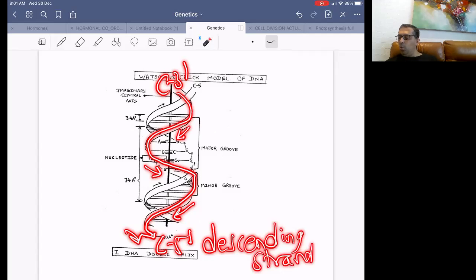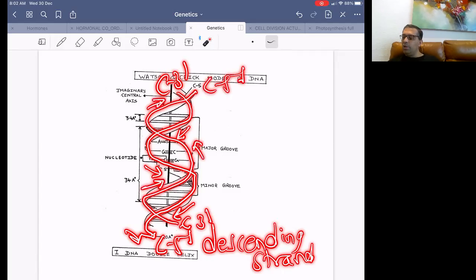And parallel to it, but in the opposite direction, here we have C3 and here we have ascending, going towards C5. So this is C3 to C5 upward, and that is called the ascending strand.